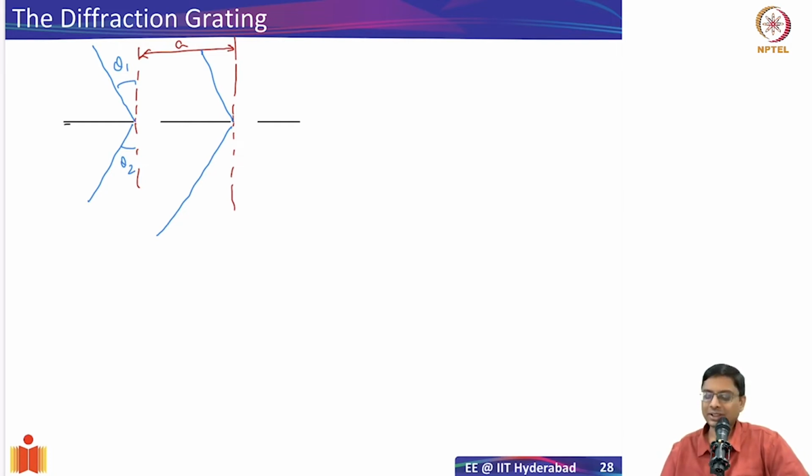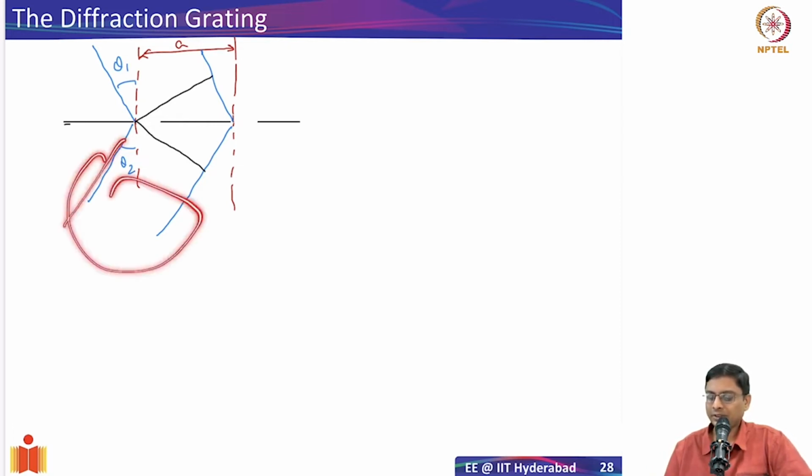That we can calculate using geometrical arguments. I'll create one perpendicular line here like this, and another perpendicular line like this. After all, this is a plane wave, so all the phase fronts are parallel to each other. The difference is only going to come in this section, the additional path difference. I'll do that for both sides, and highlight this stretch as the path difference.